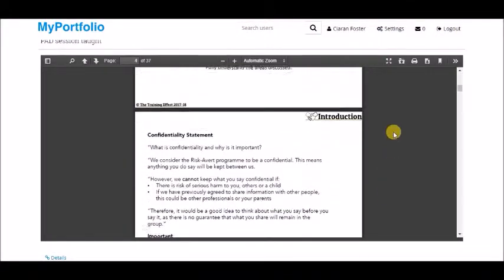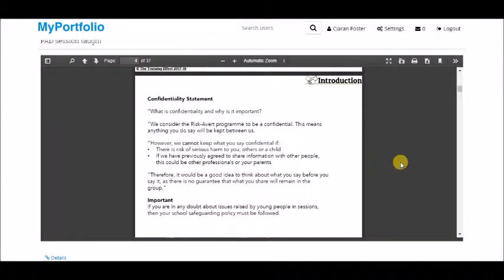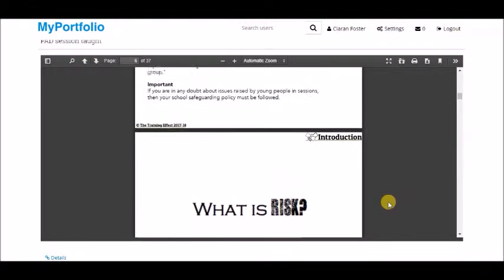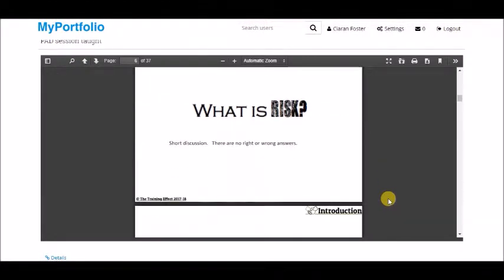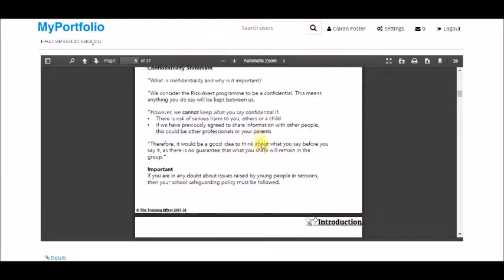Throughout the time we started with a risk alert. It was a confidential statement, ensuring students knew what risks are and how we can take them.